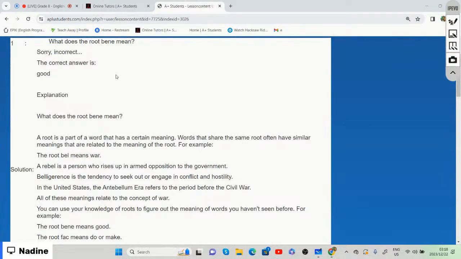So we see that the root bena means good.